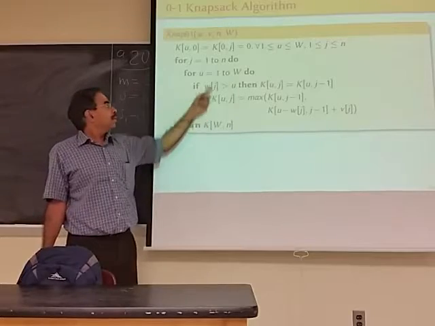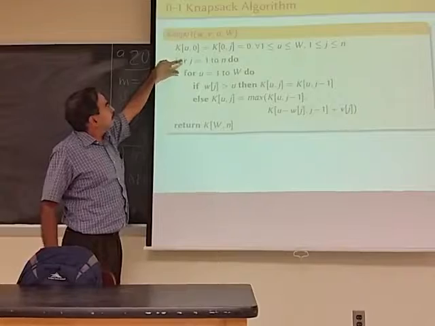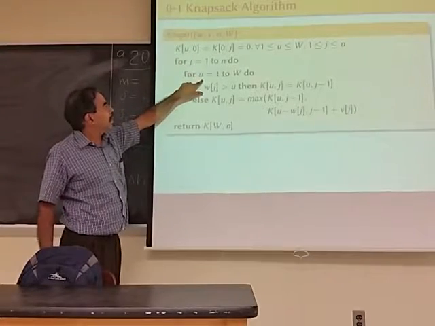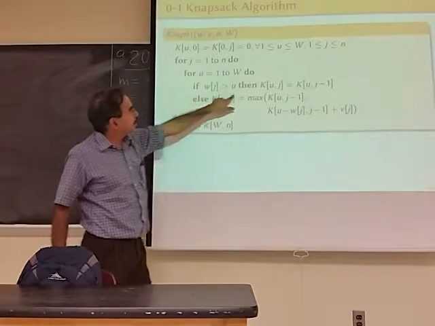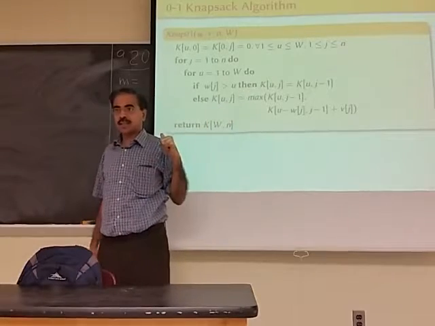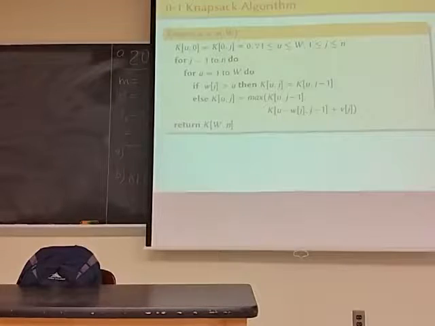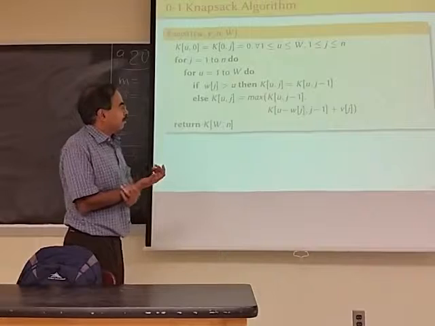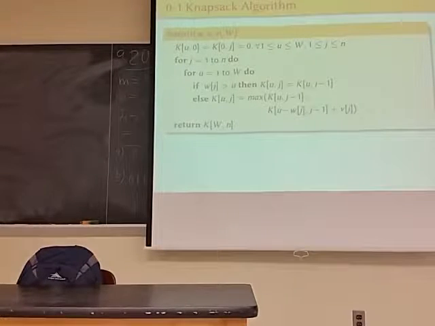The cost of this algorithm is still nW because the outer loop executes n times, the inner loop executes W times, and each inner loop body execution does not have any iteration, so it's constant time. So you have another O of nW algorithm. It's just that the way you keep track of dependencies is a bit more involved because you need to remember what items have already been used.